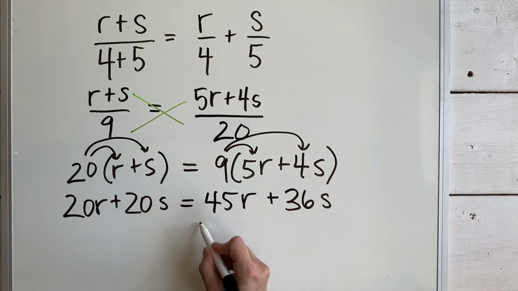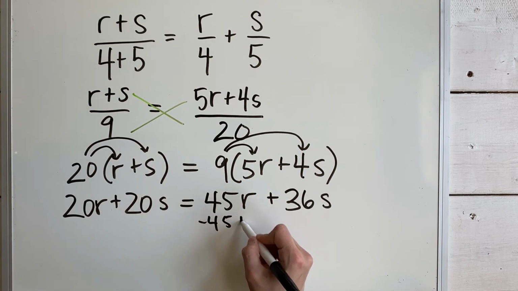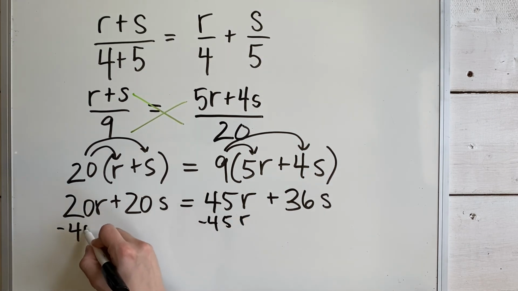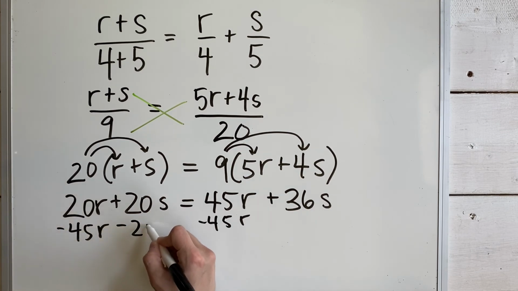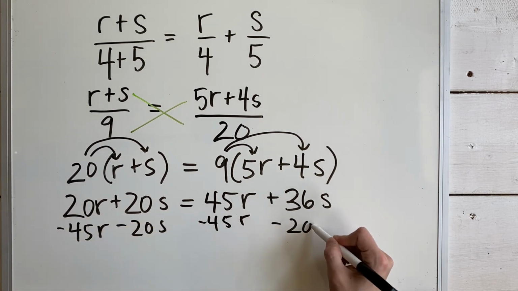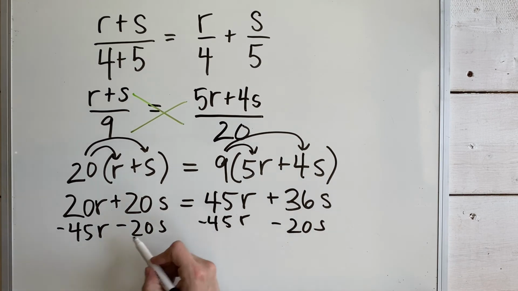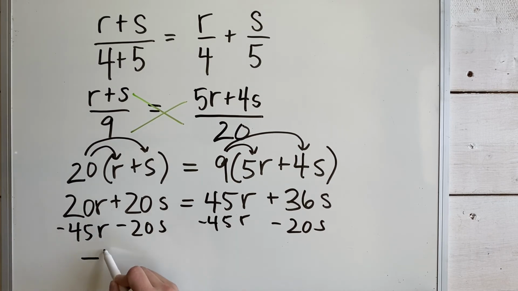And so I'm going to subtract 45r from both sides and subtract 20s from both sides so that I can do that switcheroo. So on the left side, we're going to have negative 25r.